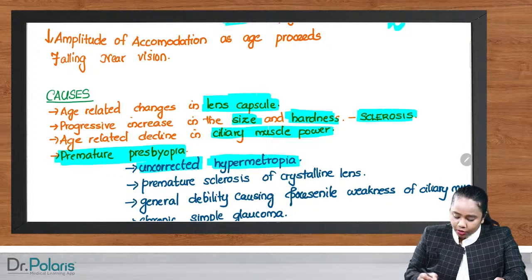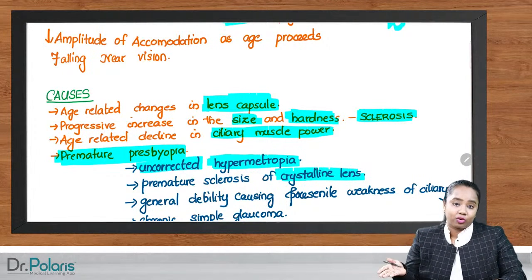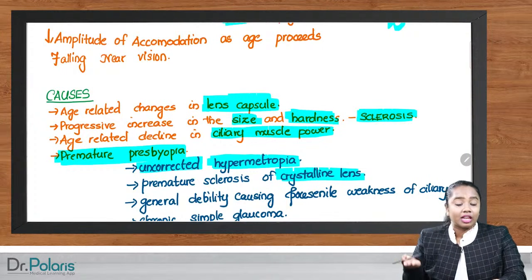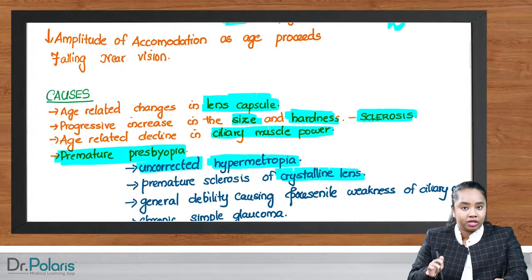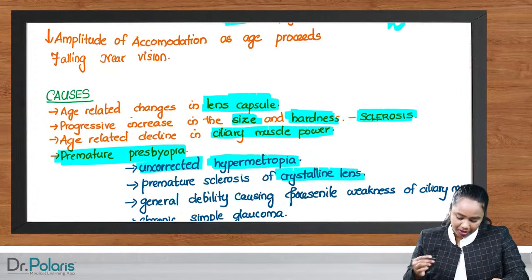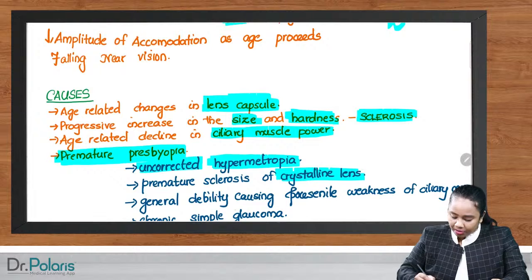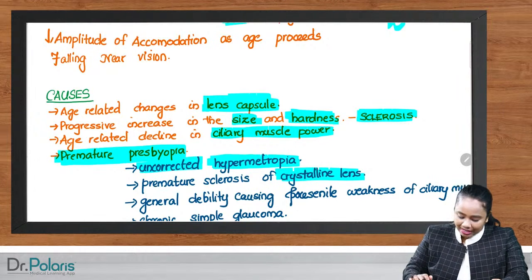Next is premature sclerosis of the crystalline lens. Age related sclerosis is there, but if the sclerosis of the lens occurs prematurely, that is also one important reason for presbyopia. The next thing is general debility causing presenile weakness of the ciliary muscle.